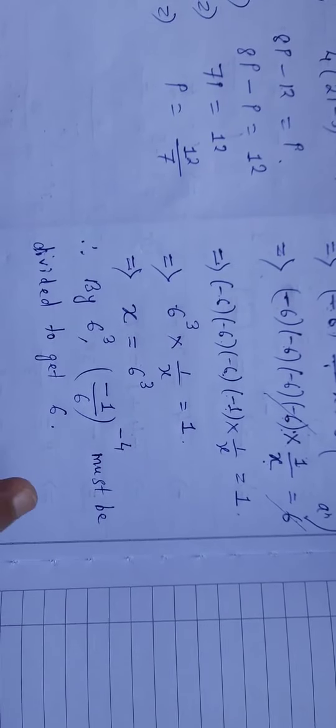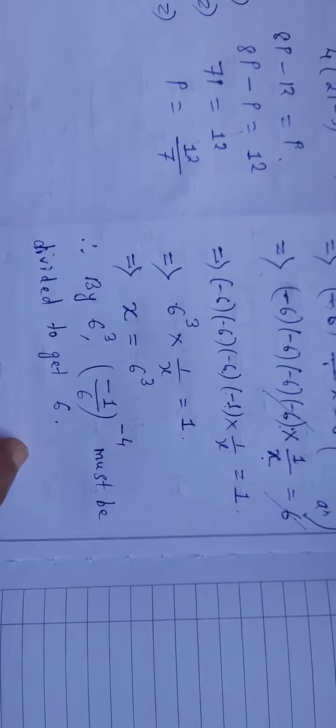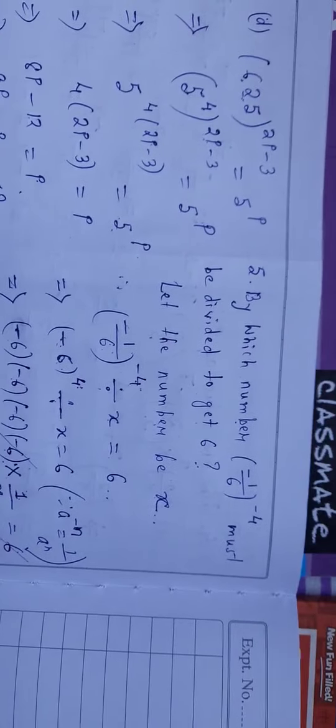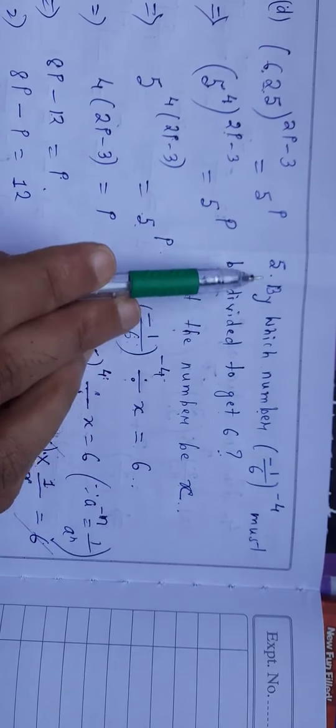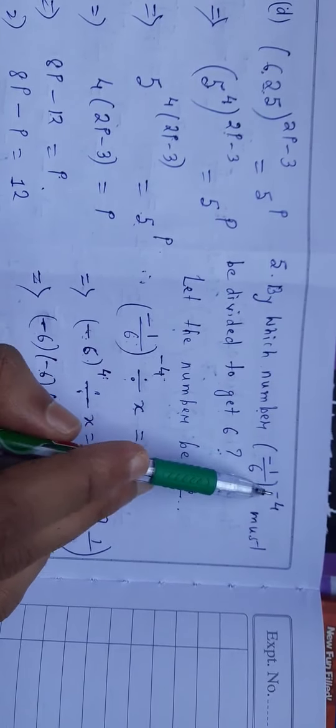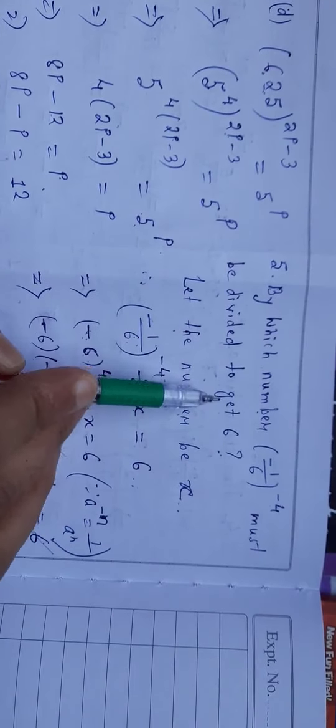That is the final step of this sum. Let us see one more time. Question is, by which number must minus 1 by 6 to the power minus 4 be divided to get 6?